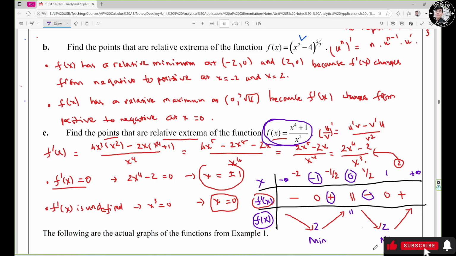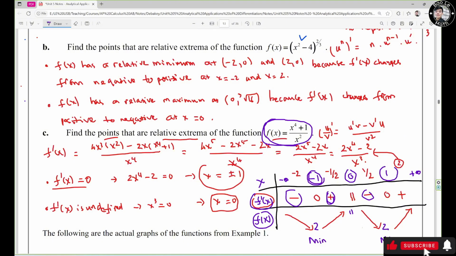So you need to conclude that the function f of s has a relative minimum at -1, 2, and 1, 2, because f prime of s changes sign from negative to positive at s equals -1 and s equals 1, right?